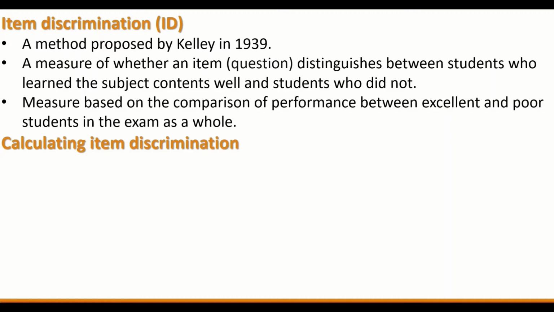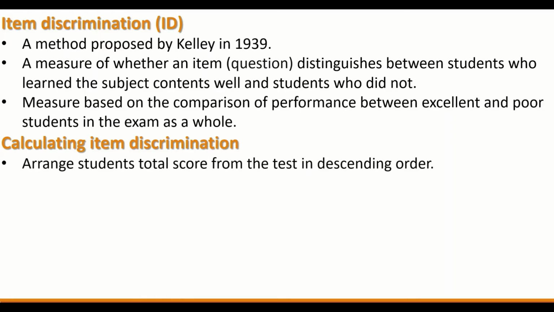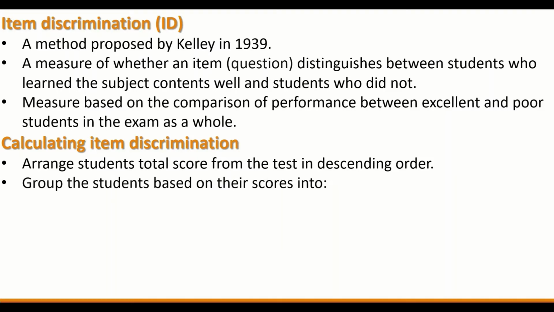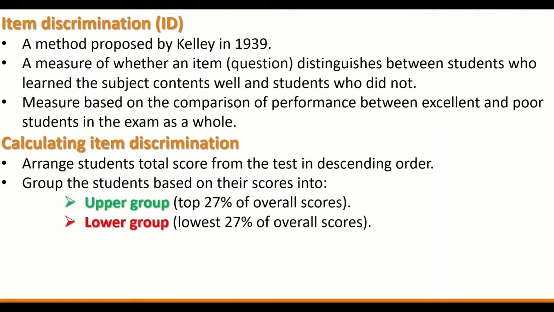The item discrimination is calculated by arranging the student total score from the test in descending order. Group the students based on their scores into an upper group and a lower group.